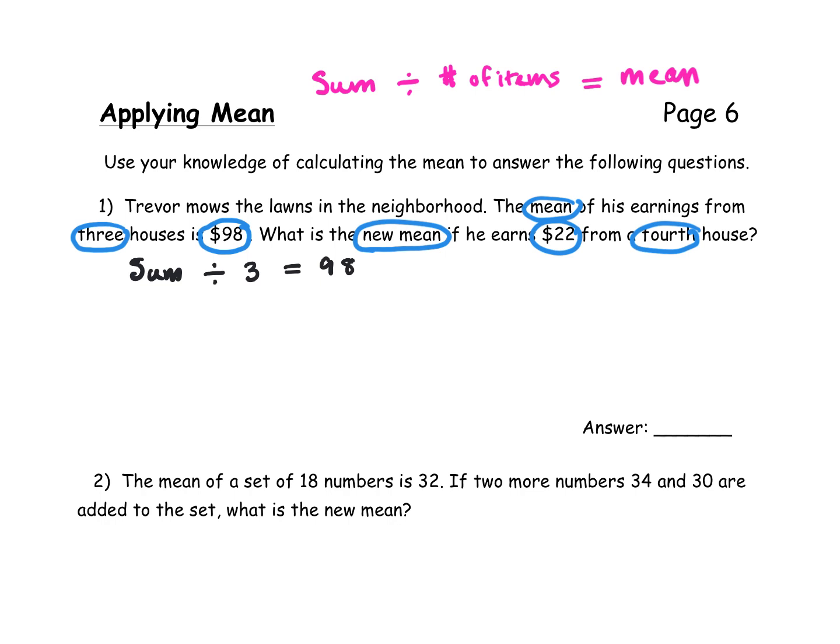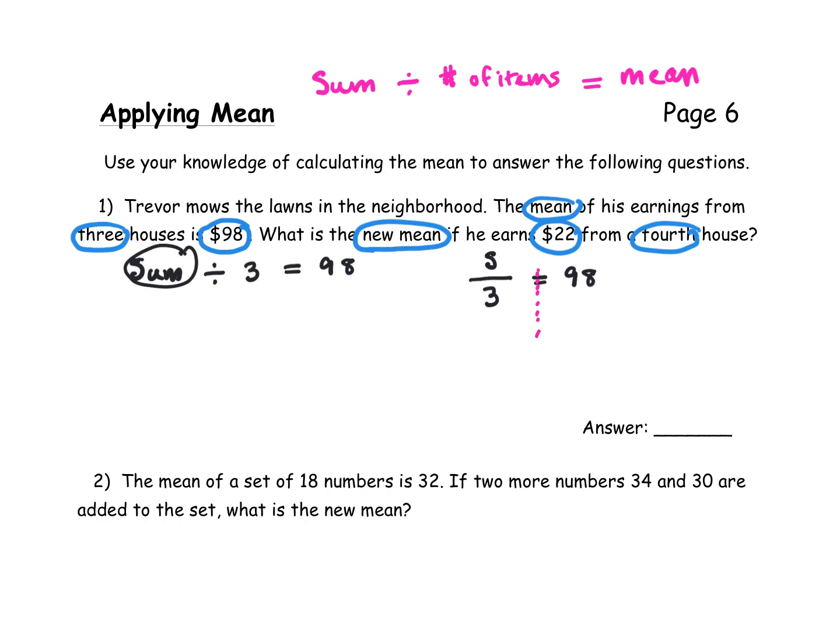So in math, oftentimes, if we don't know a number, we often use a variable. So I'm going to use this word sum, and I'm just going to use an S for sum. And I'm going to divide that by 3, but this time I'm going to use our high school way of dividing, and we know that that equals 98. In our last chapter, we learned to solve one-step equations that involve division. So we have S divided by 3.